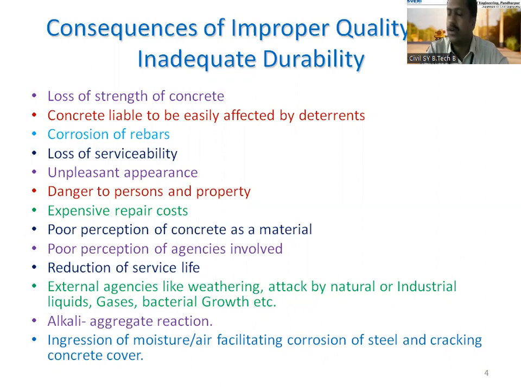Maybe somewhere in Bangalore, I don't know the exact location, but that building collapsed. Okay, you may also see the failure of bridges. You have seen bridge failures too. Why is this going to happen? Because of inadequate durability and improper quality in the execution of your concrete work.